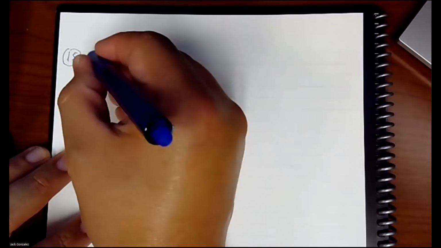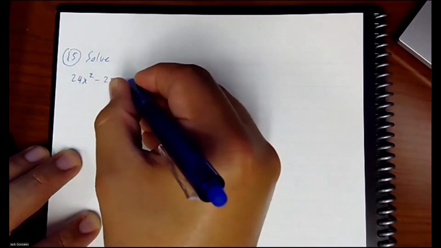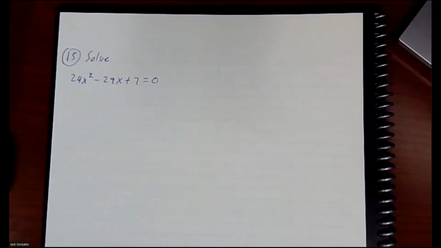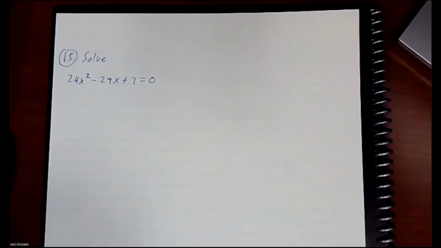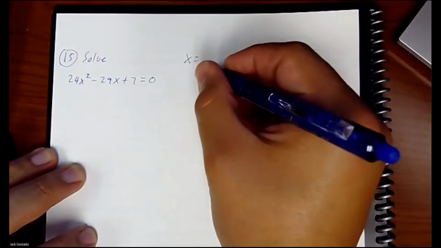15. Okay, so this one's a little annoying. So we have to use the quadratic formula, which is this guy.